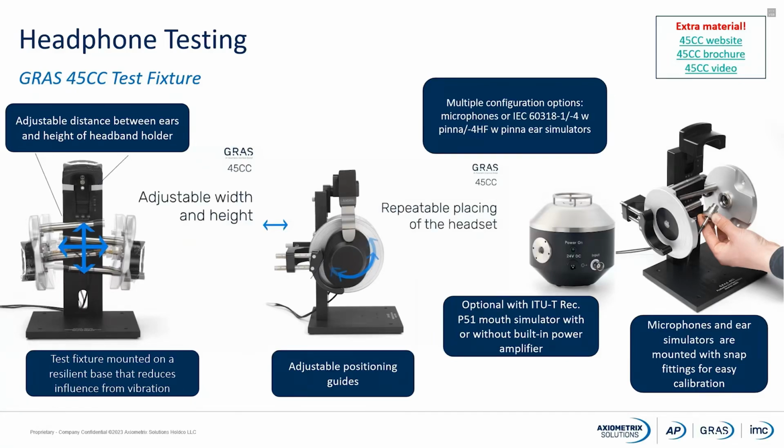To align the headphone cup, we have the positioning guides, which are also easy to adjust. And when we have adjusted them, we fix them with some screws, so nobody can remove them, and therefore we can do a lot of tests with the headphones in exactly the same position.